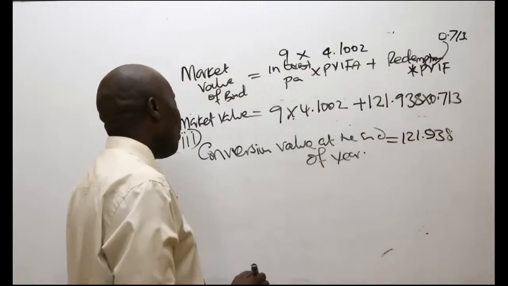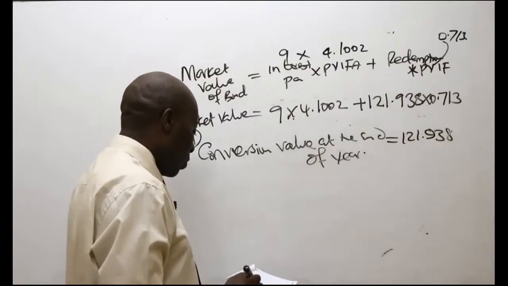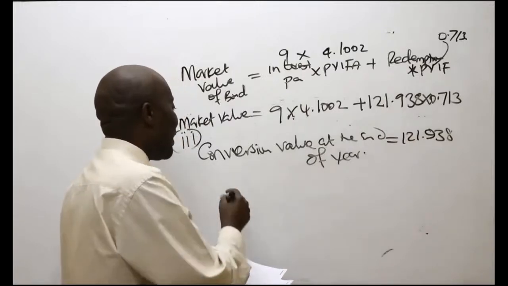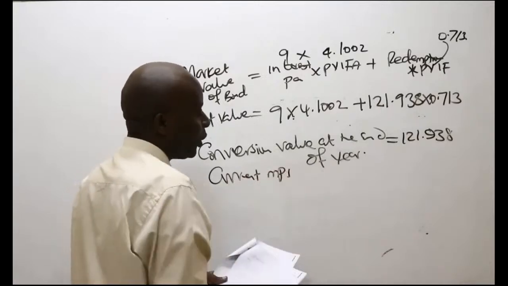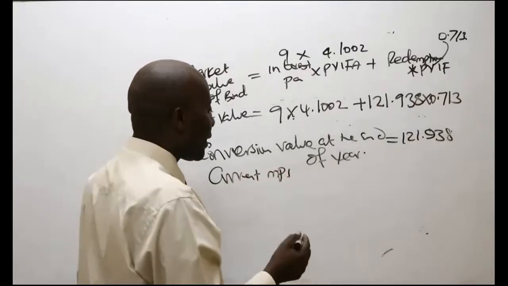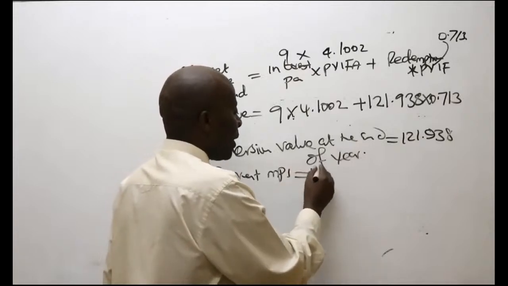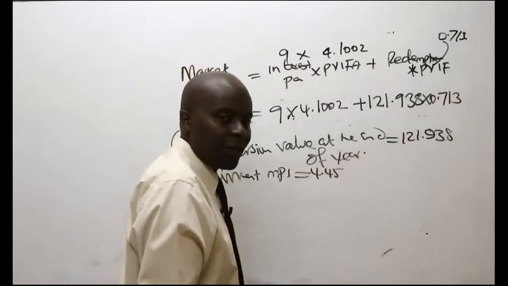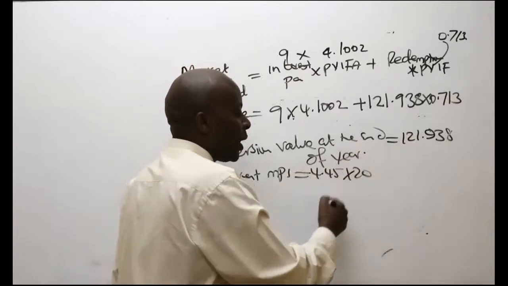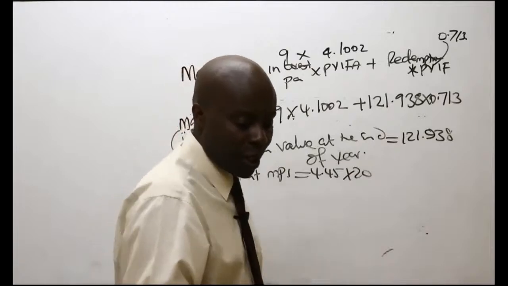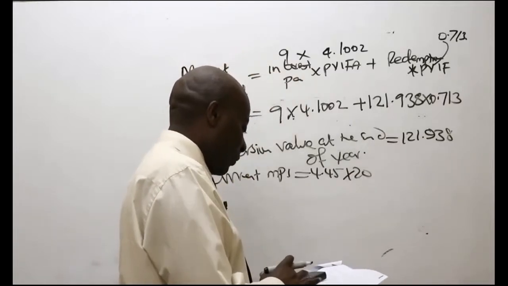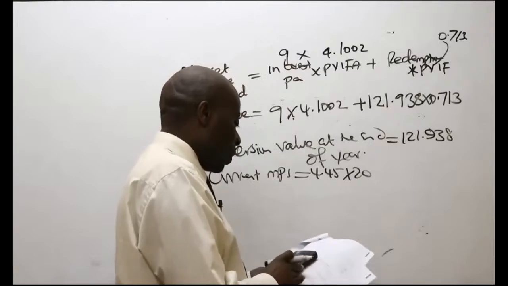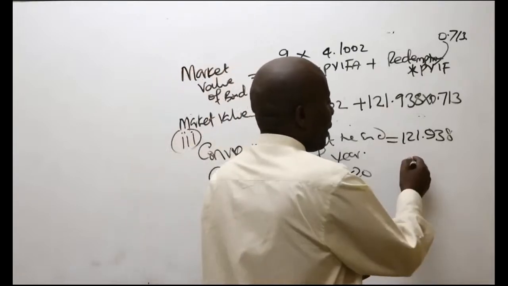So compare this, ladies and gentlemen, with the current market price per share for all the shares that you have. The current market price per share is 4.45. And remember, we are talking about 20 shares. So we have 4.45 times 20 shares, which will end up giving us 89.